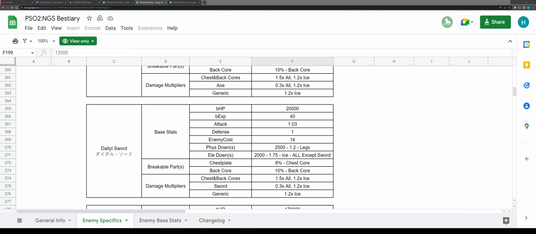As you can see, 20,000 health to start, physical down 2,500, but it can only be triggered by the legs. While elemental down can be triggered by not only the legs, as we talked about, but the chest and the back core.